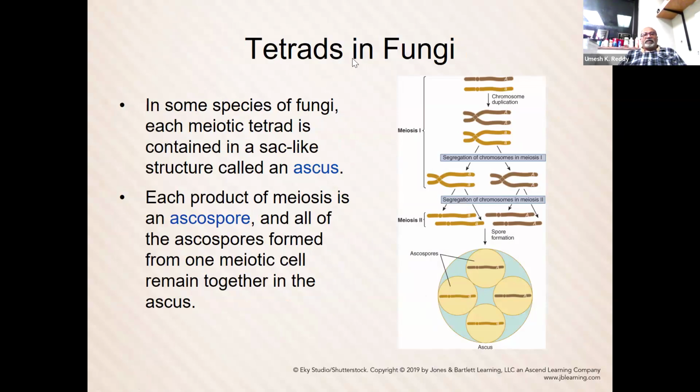Let me see, annotate. Here itself I can try. So for example, this is another chromosome.